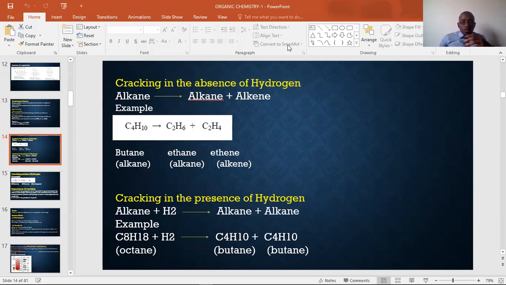When we have a large chain of hydrocarbon and we want to break it into small units, we have the cracking that happens in the presence of hydrogen, and we have the cracking that happens in the absence of hydrogen. So let's talk about cracking in the presence of hydrogen.